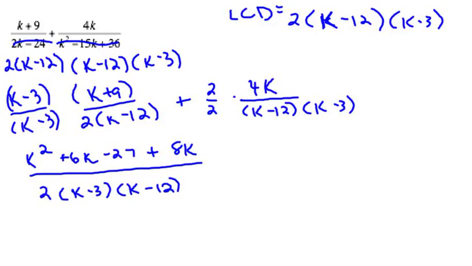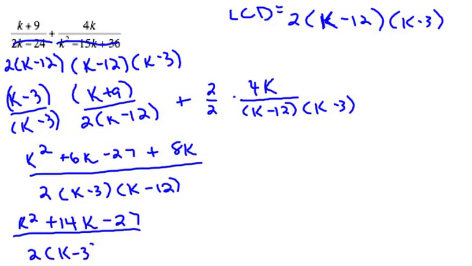I have k squared plus 6k plus 8k is plus 14k minus 27 over 2 times k minus 3 times k minus 12.